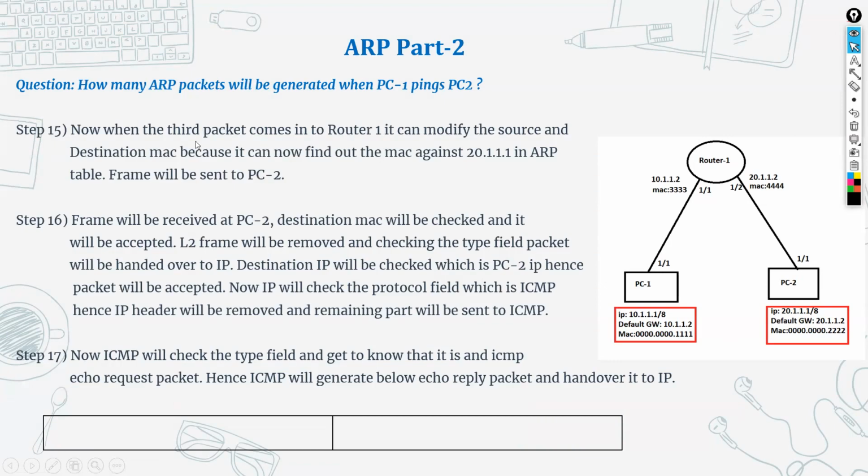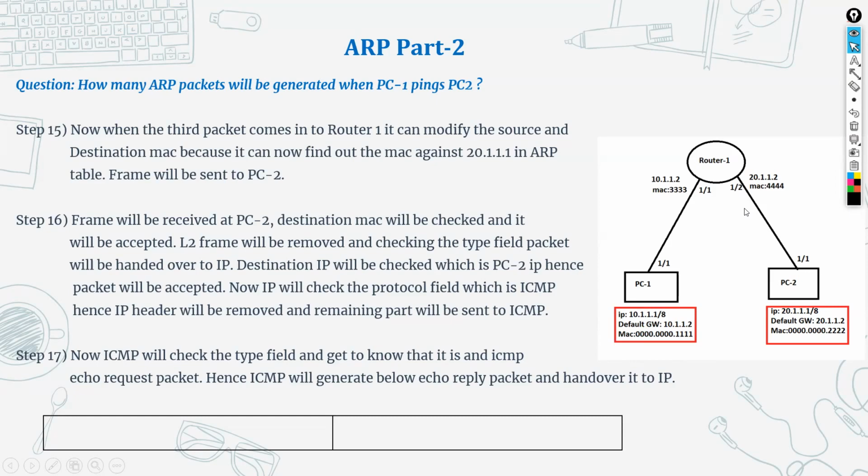Now, when the third packet comes into router 1, because two packets are already dropped, I'm not going to describe the same process again. We are assuming that everything is sent from PC1 to router 1. Earlier, when router 1 was modifying the source and destination MAC, it was not able to find the destination MAC, which is the PC2 MAC address.